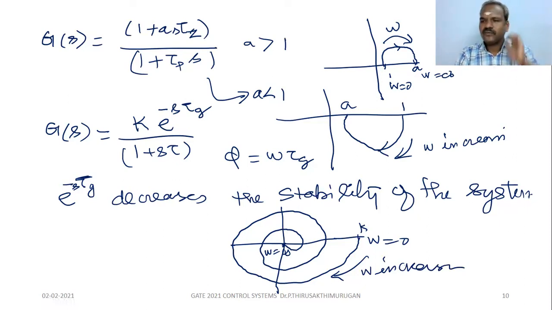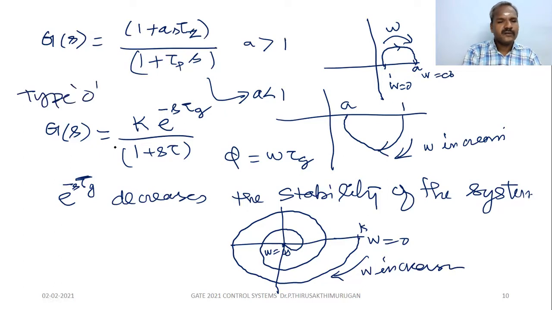Next, we go for type 1 system with the transportation lag. This is type 0, first order plus dead time, order is 1.